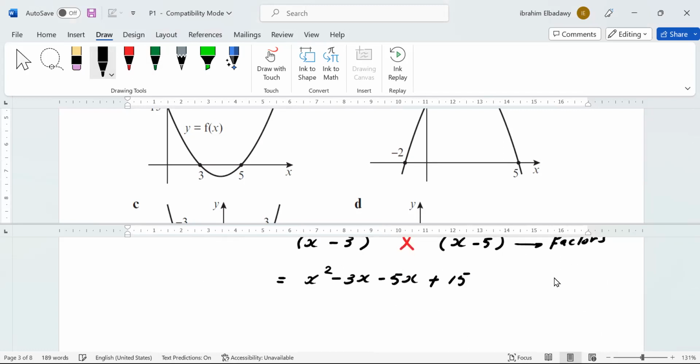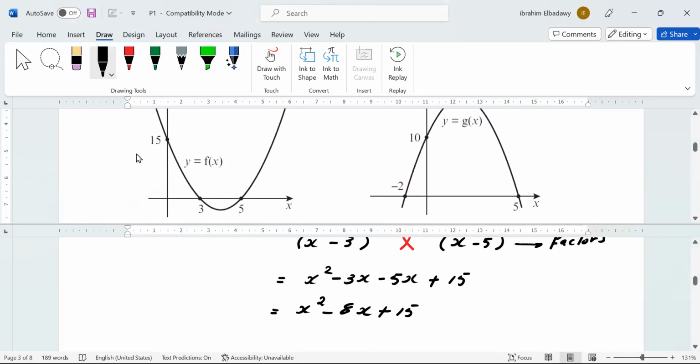It will be equal to x squared minus 8x plus 15. So some students say, okay, I got the function. This is the wrong way. You didn't get anything yet. You have to check, because you don't have just the x-intercepts. Here you have the y-intercept as well. Where is the y-intercept? The y-intercept on the graph itself is 15.